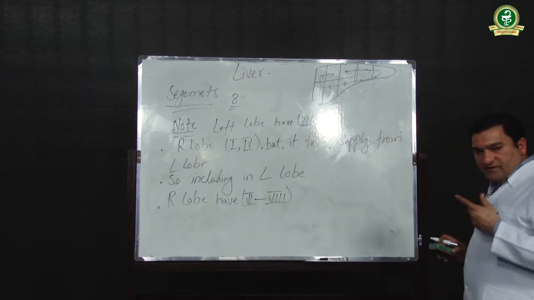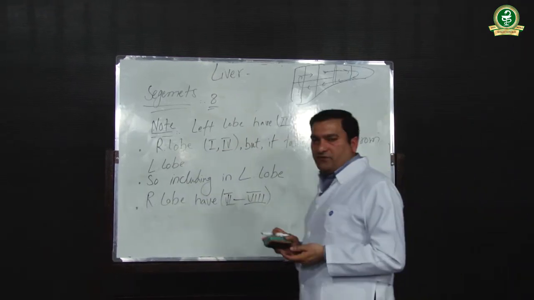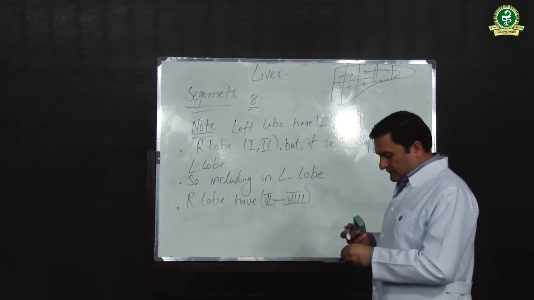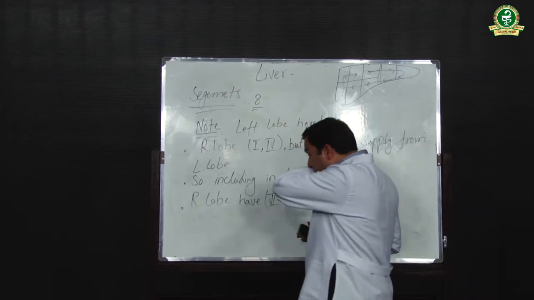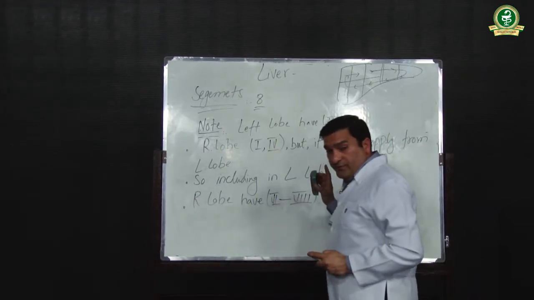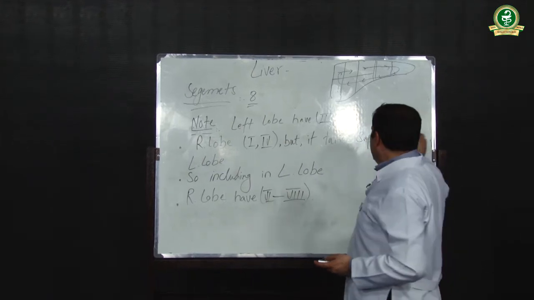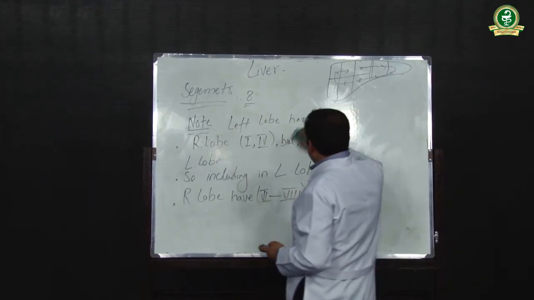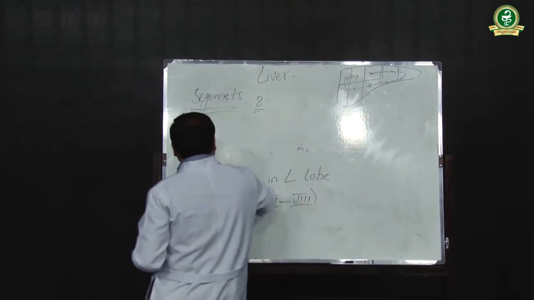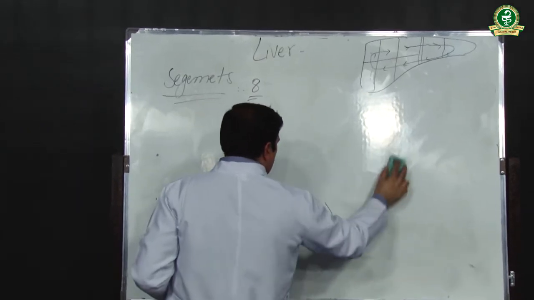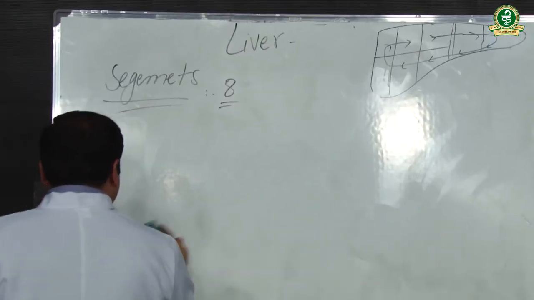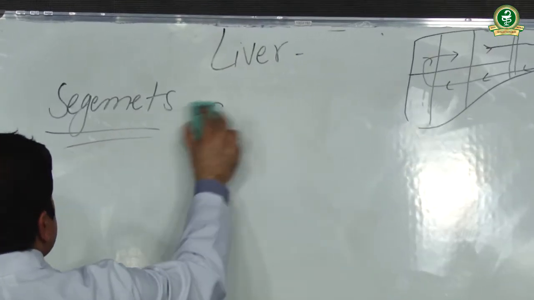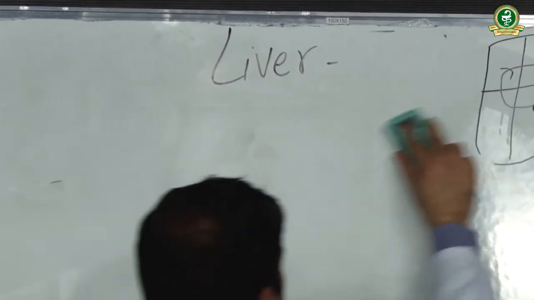That is our segments, a little bit of theory that you can never forget. Now these are lobes, and now these are lobules. There is a difference between the two words, lobe and lobules. Lobules mean formation of bile juice.